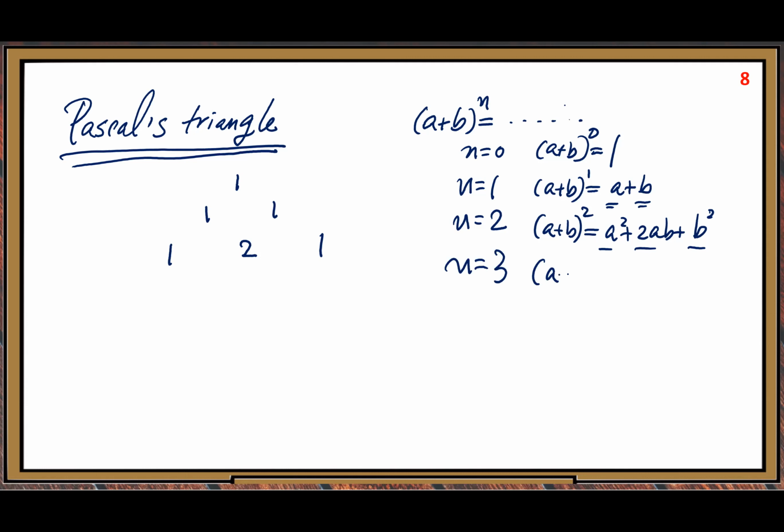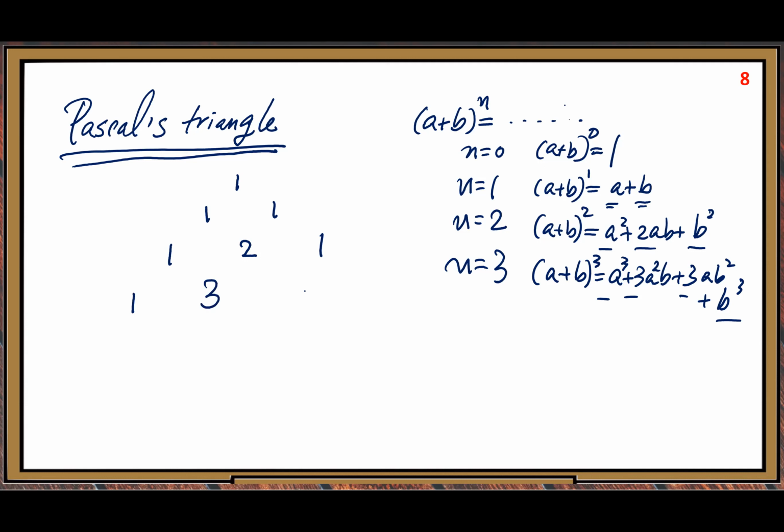Now n equals 3. a plus b cubed is a cubed plus 3a squared b plus 3ab squared plus b cubed. So you get coefficients 1, 3, 3, 1, and we put them on the next level.